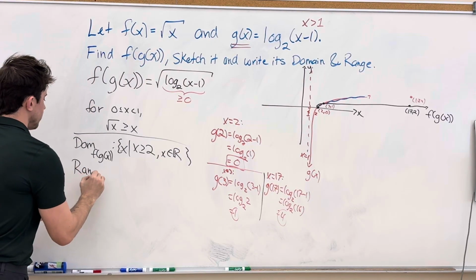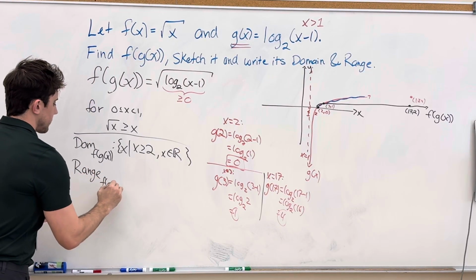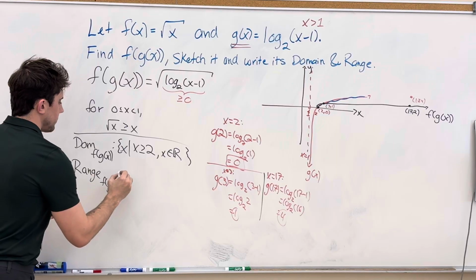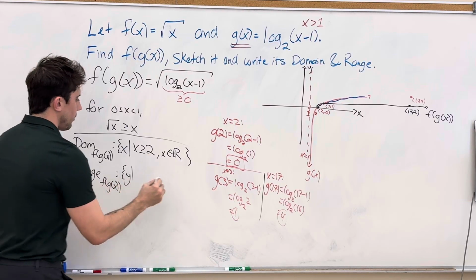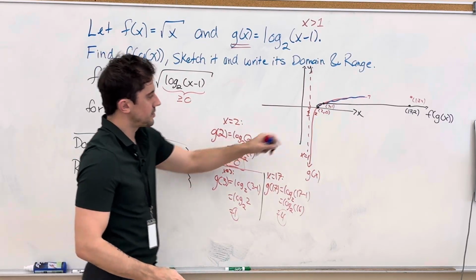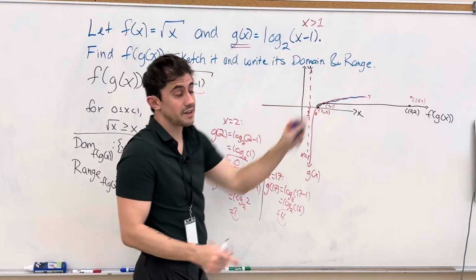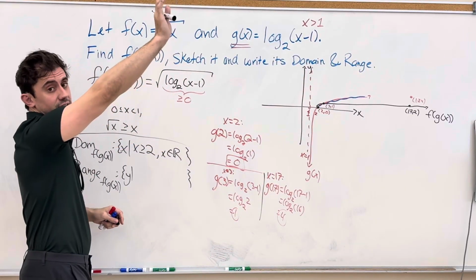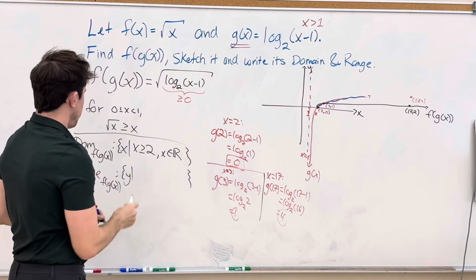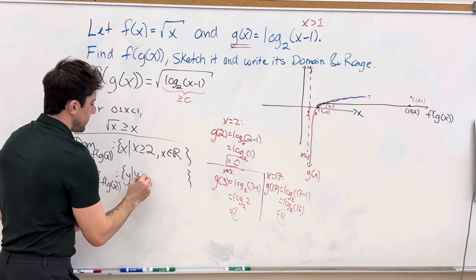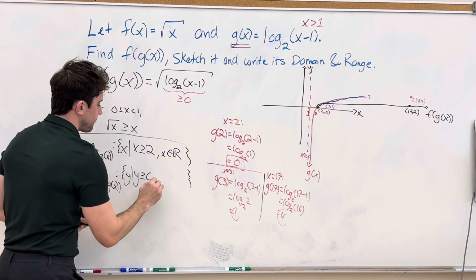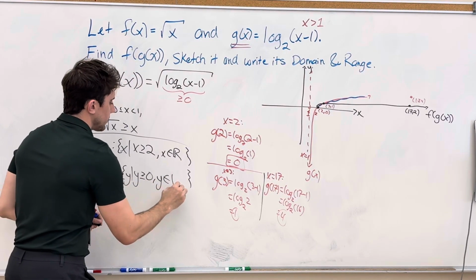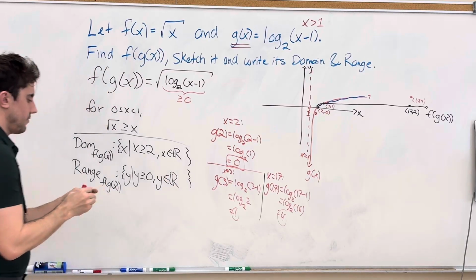And the range of this composite function f of g of x is going to be the set of all y values. The range is going to be 0 onwards, right? That does grow infinitely far up and to the right. And so the y values would be y greater than or equal to 0 for any real value of y.